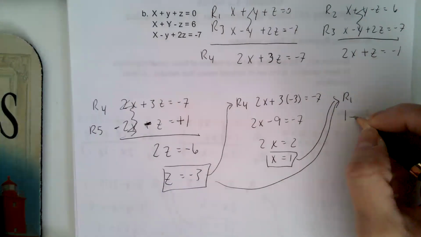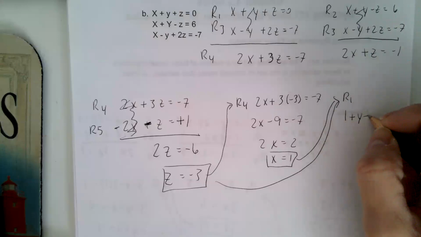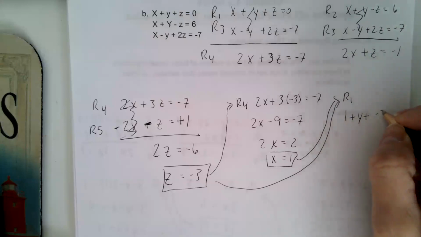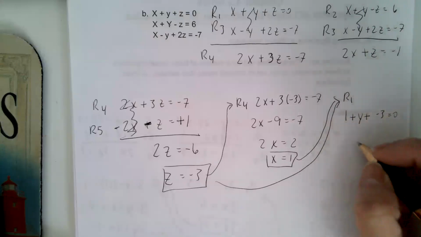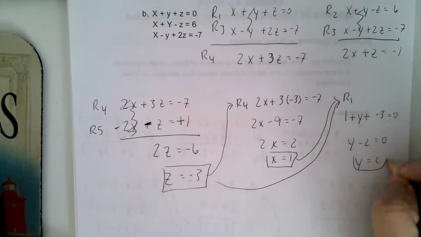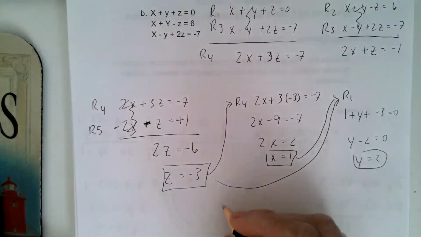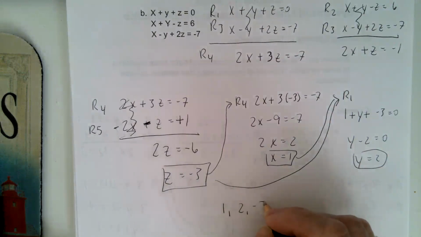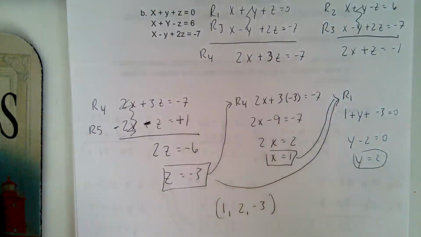So x is 1 plus y plus z is a negative 3 equals 0. So y minus 2 is 0. So y equals 2. So it looks like my ordered triple is 1, 2, and a negative 3.